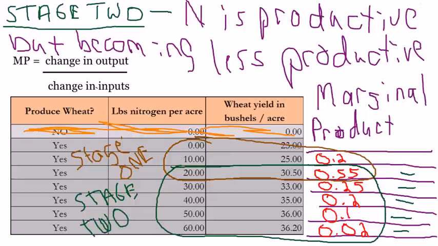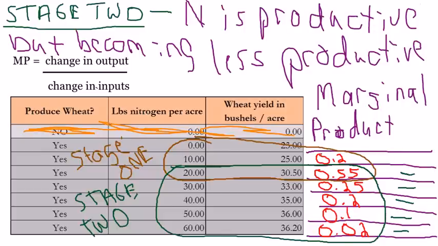And what this means is that stage 1 turns into stage 2 somewhere between 10 pounds of nitrogen per acre and 20 pounds, but we don't know exactly where. So we say stage 1 and stage 2 is occurring simultaneously between 10 and 20 pounds of nitrogen per acre.